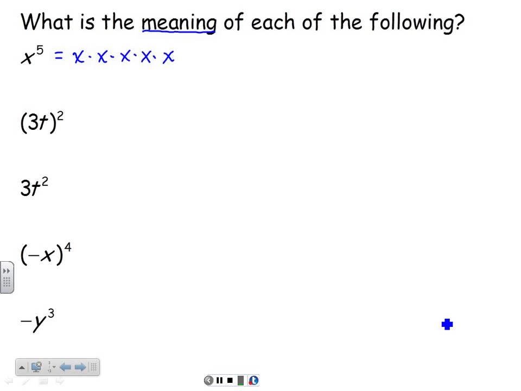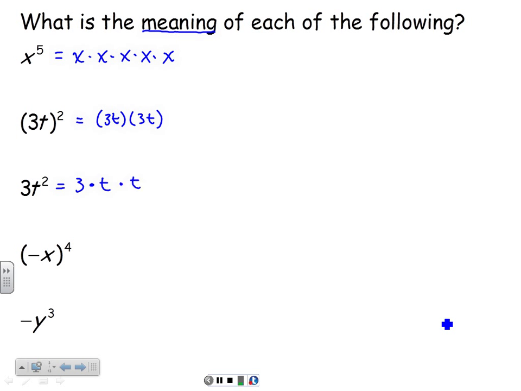So I'm just asking you to take the base and expand it as many times as the exponent tells you. So here, your base is 3t. And so you're going to do 3t times 3t because it's 3t as your base squared. But in the third problem, the only thing that you're squaring is the t. So this one is going to be 3 times t times t.